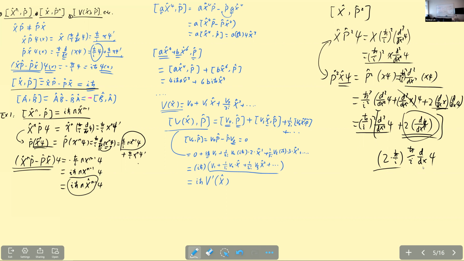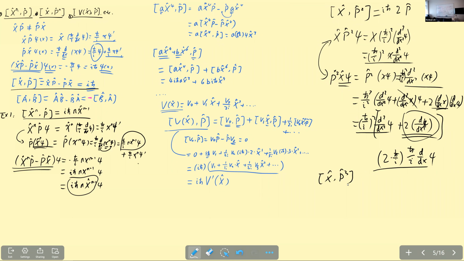So if you compare these two, look at the difference. This is nothing but just i h bar 2 times p. Okay. So you can do the same thing for x and p cubed.